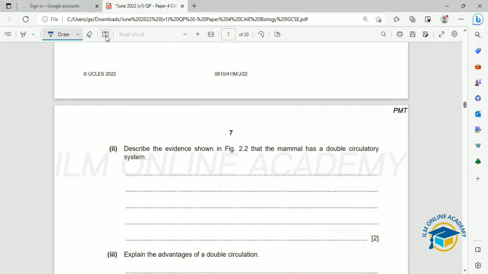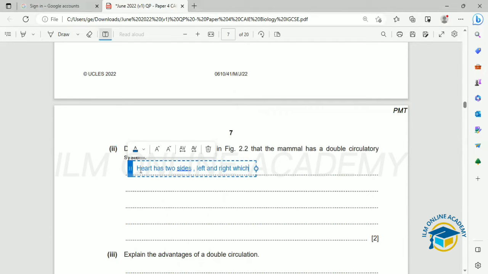We are going to write: heart has two parts, sorry, two sides, left and right, which are separated by septum.